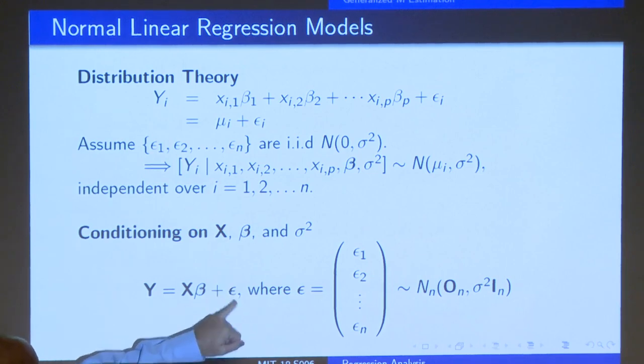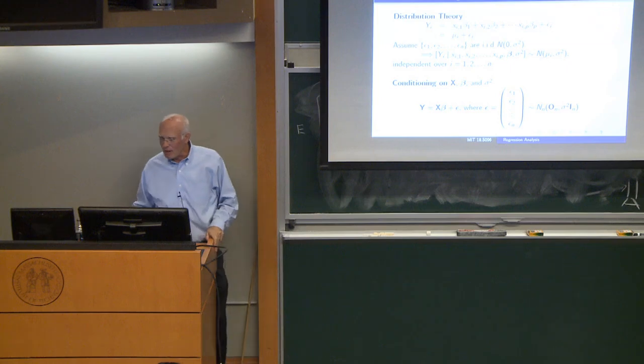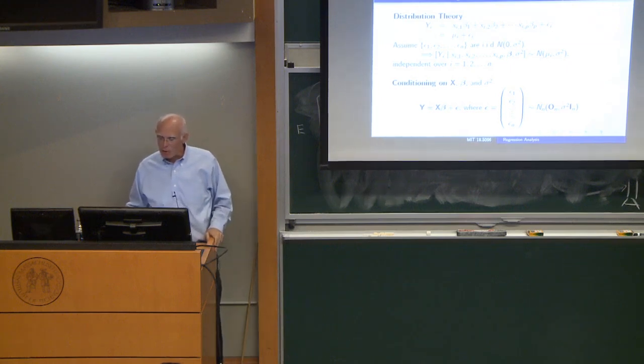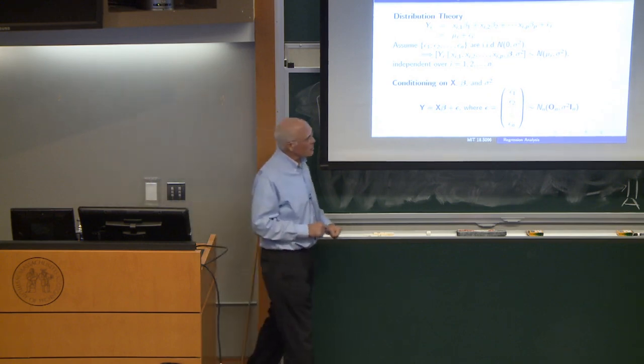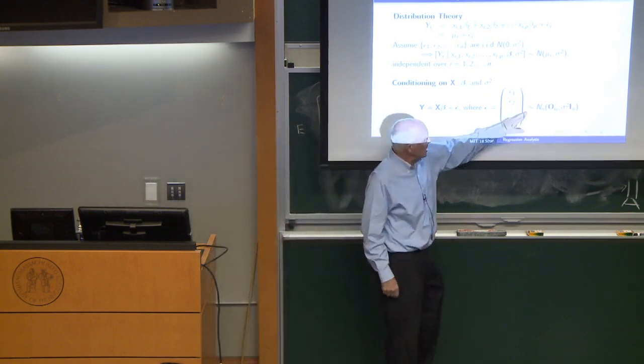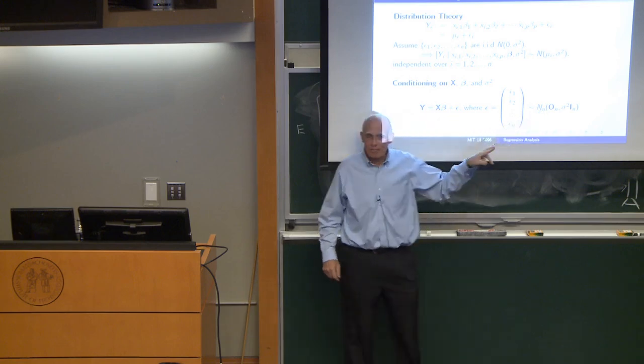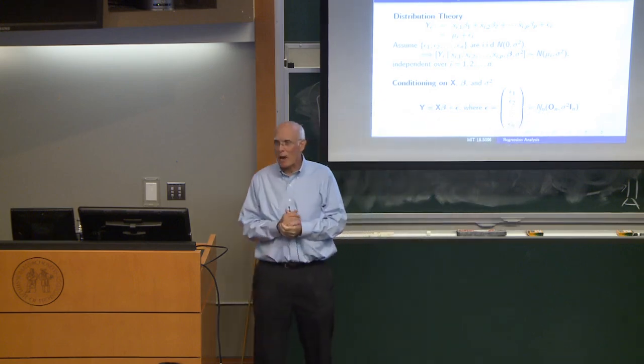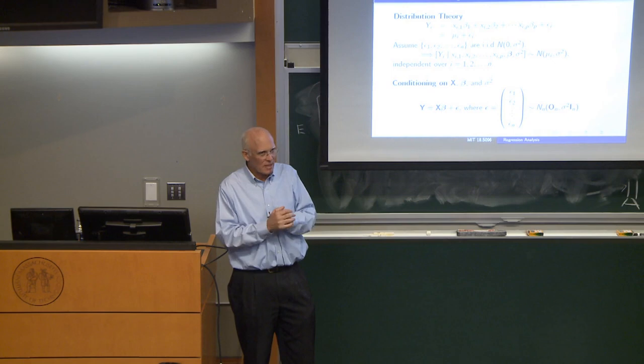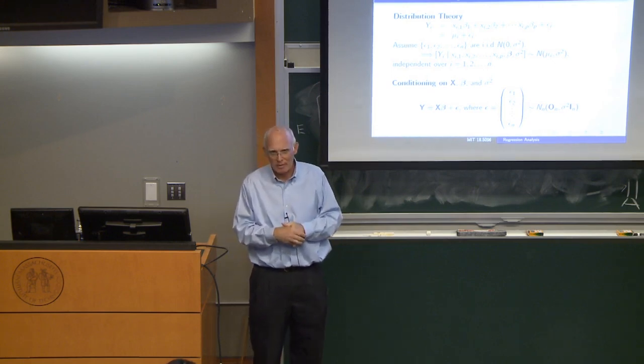And the remaining uncertainty is in the residual vector, which is assumed to be independent and identically distributed univariate normal random variables. Now this is the first time you'll see this notation, capital N sub little n, for a random vector. It's a multivariate normal random variable.